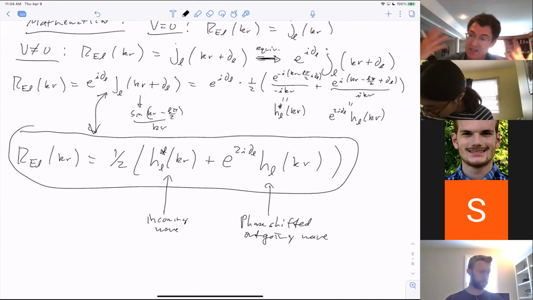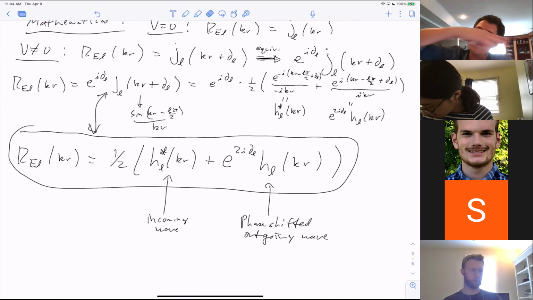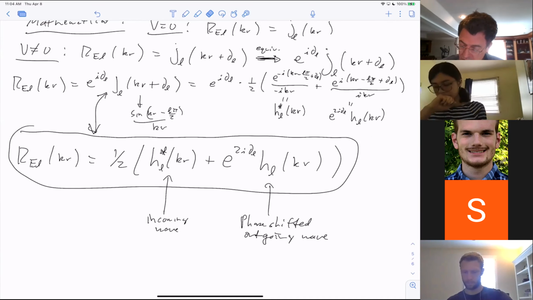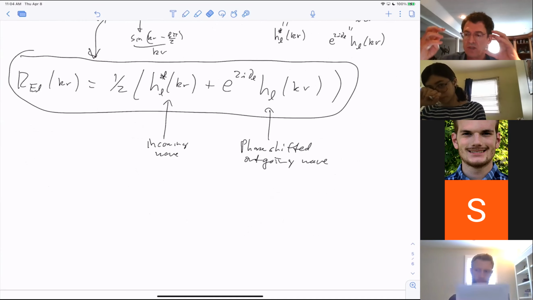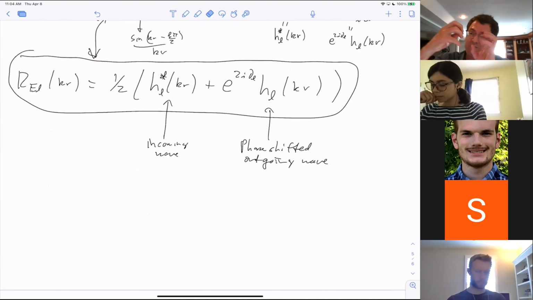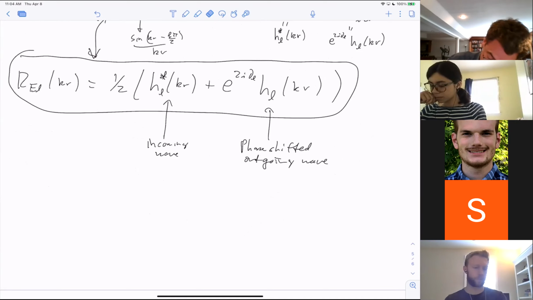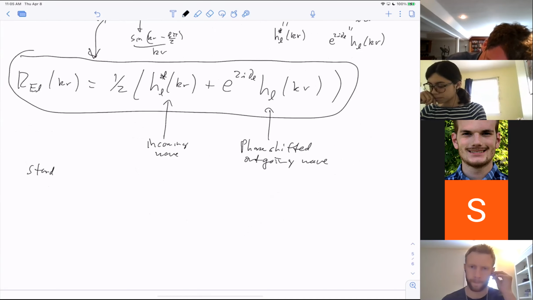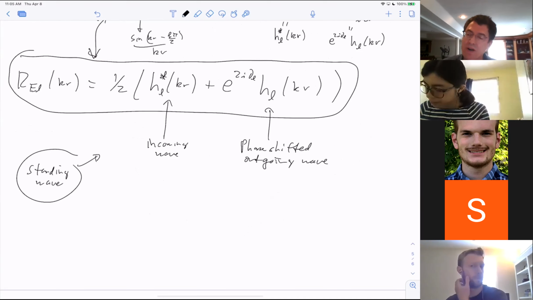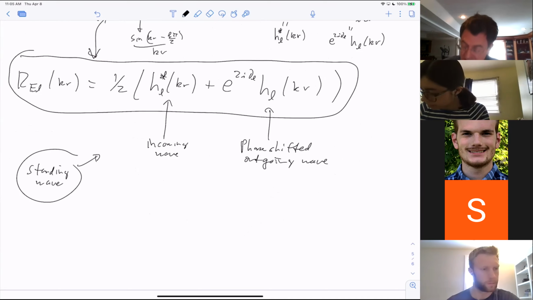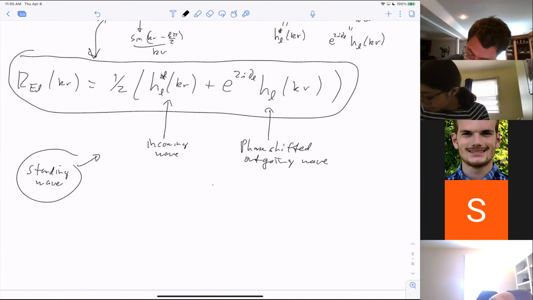You're used to that: sine of x is e to the ikx minus e to the minus ikx, a right moving wave and a left moving wave. Now I'm doing the same thing in spherical coordinates, where the Bessel function is a standing wave, an incoming wave plus an outgoing wave. But there's one nuance, which is that the outgoing wave is phase shifted by the potential.